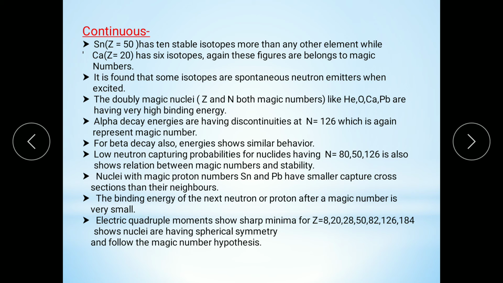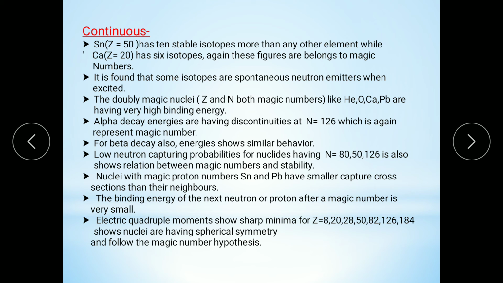The electric quadrupole moment shows sharp minima for these magic numbers, showing that nuclei have spherical symmetry and follow the magic number hypothesis. When we consider the electric quadrupole moment of nuclei with Z equal to magic numbers, they show spherical symmetry.